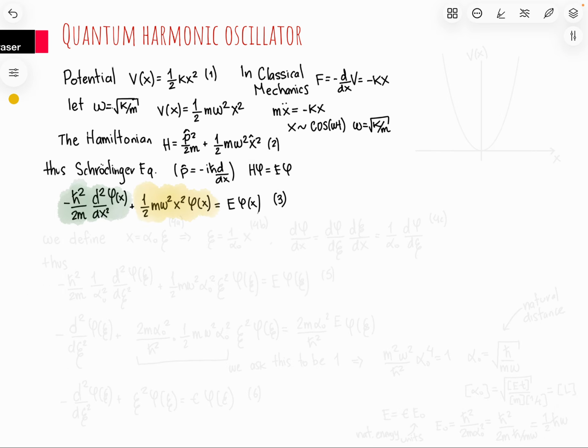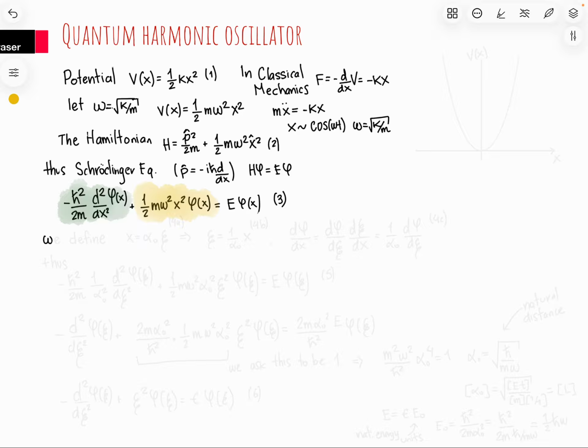Okay, so most of the time when you are going to solve the differential equation associated with the Schrödinger equation, what you do is propose a solution in terms of a power series. Therefore, it's useful to have a dimensionless equation.